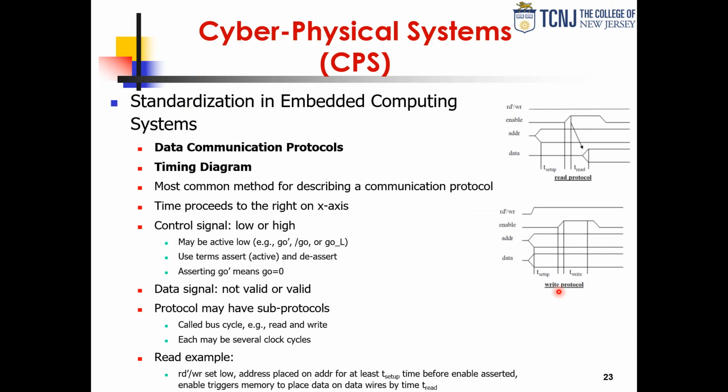Now, let's talk about timing diagrams. If you are designing a system on a board, as I mentioned, a big part of the elegance of what you're going to do is choosing the right parts and the right interfaces. But how do you know? There's a myriad of them.